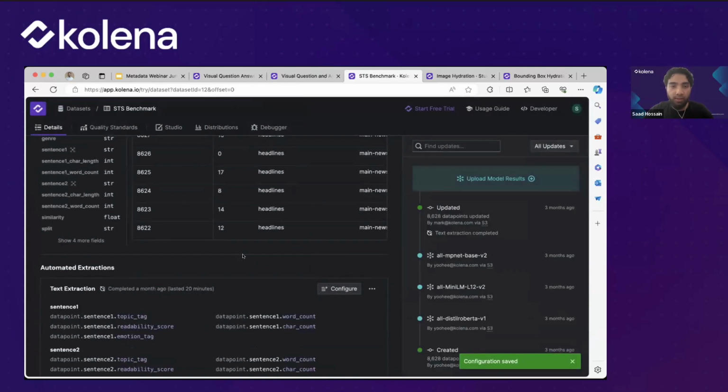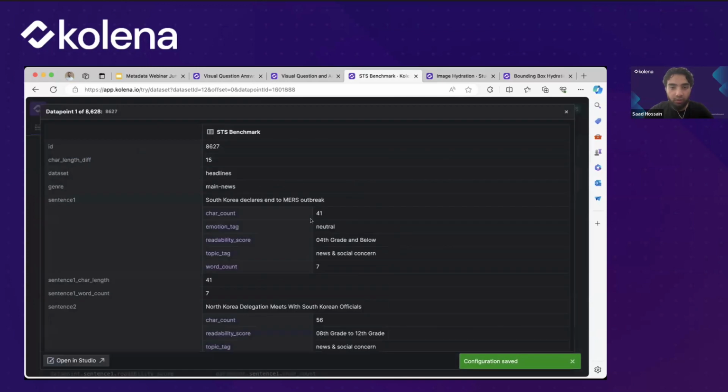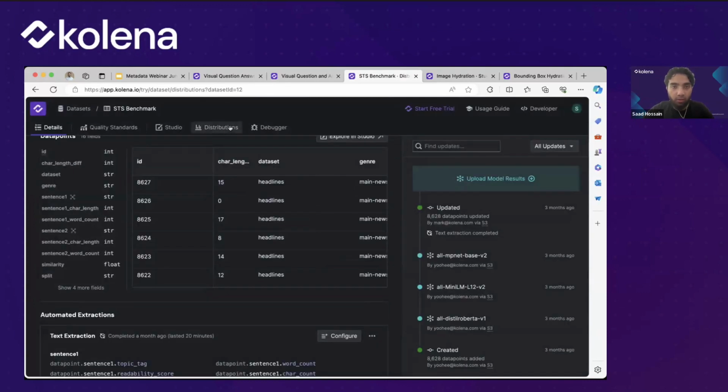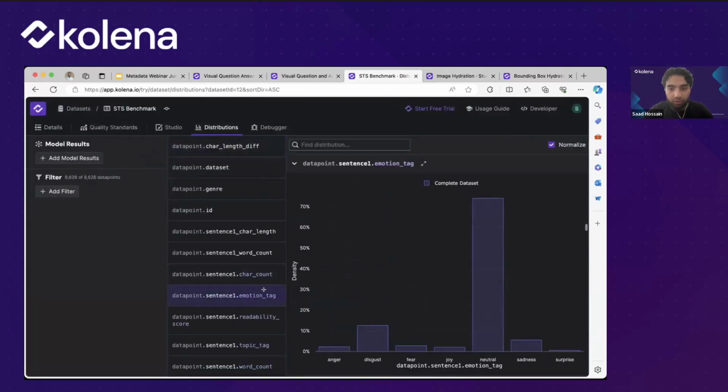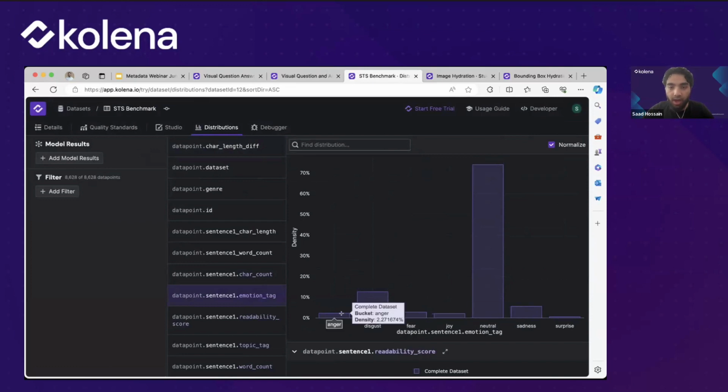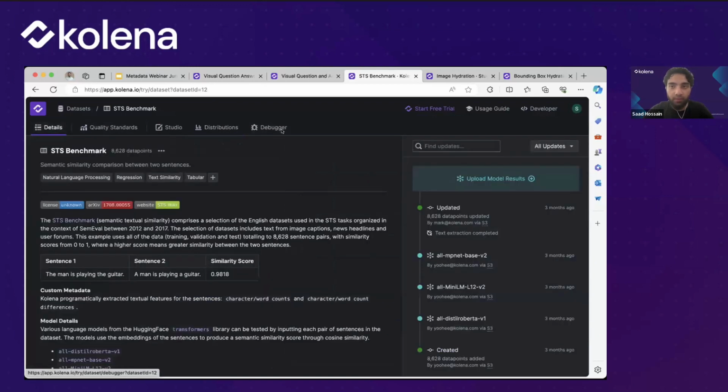You can then save this configuration, click, and see that the emotion seems to be fairly neutral. There doesn't seem to be anything outstanding. You can then go to distributions and check how distributed it is, and have a little bit more understanding of the different processes in your data set.